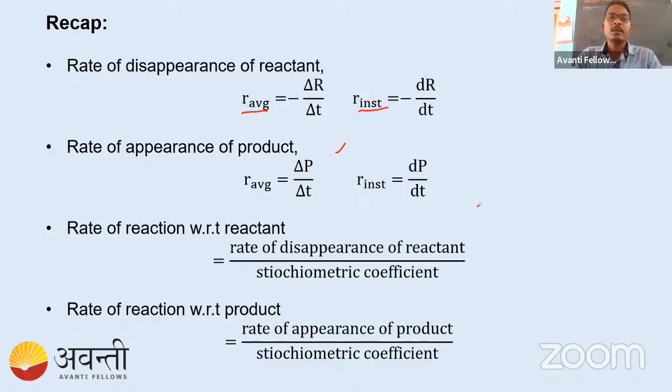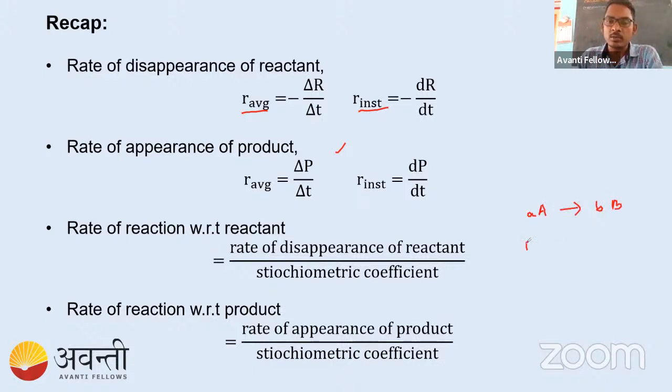This one is for reactant, and this one is for product. By rate law, not rate law, but we can write the rate of any reaction in terms of reactant and the stoichiometric coefficient. For example, suppose A is converted into B. How can we write the rate of this reaction?